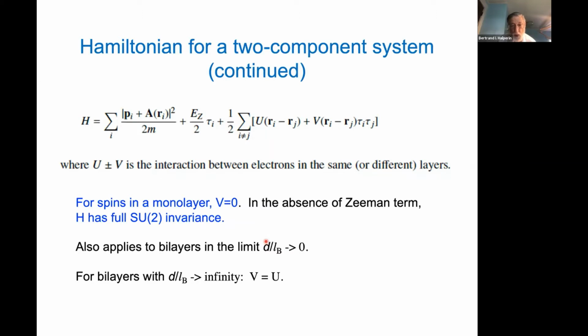You still have a U1 invariance because you have complete conservation of the number of electrons separately in each layer. That is to say, there's no tunneling between them. The layer still has an invariance about rotations about the z-axis of this spin or pseudo-spin.